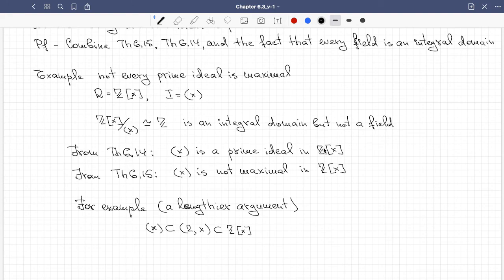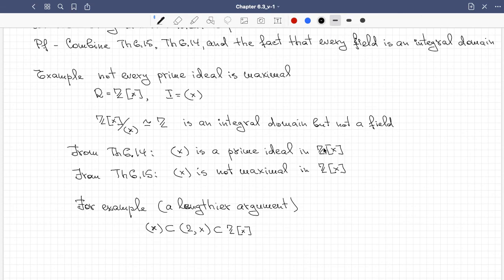That is all I wanted to tell you about chapter 6, and in chapter 10 we will discuss some more subtle properties of commutative rings with identity.